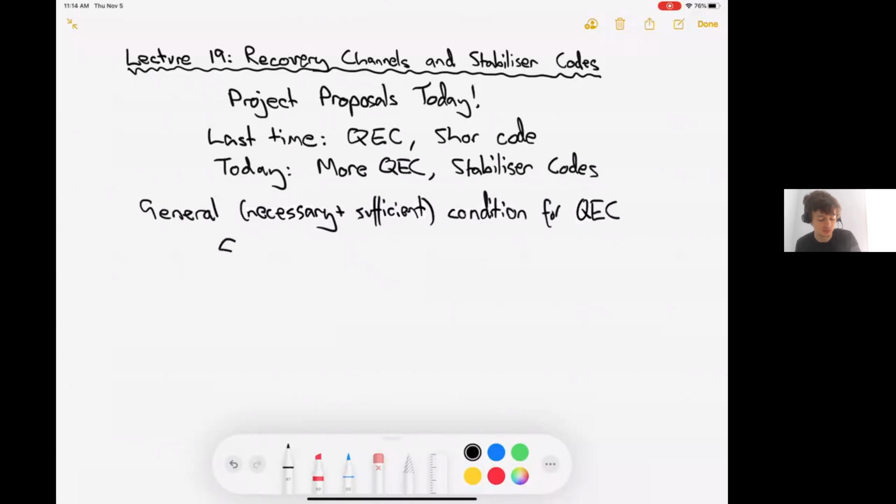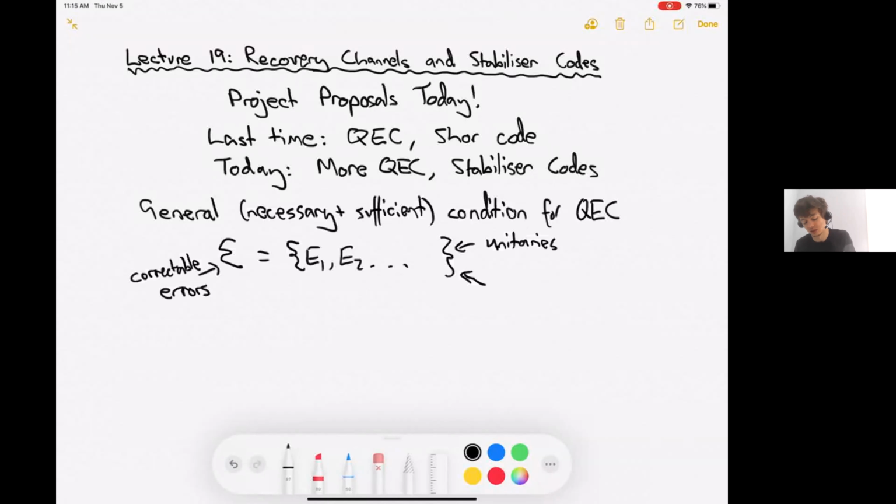We first need to define some set of errors, just a set E1, E2, and so on, which we'll take to be different unitary operators that describe some error process happening to the qubit, and they're the errors that we want to be able to correct. We'll call them correctable errors.